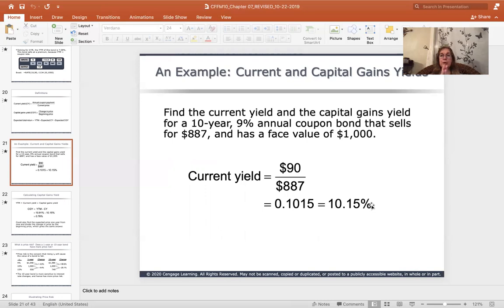For the capital gains yield, you can find the present value of the bond going back 9 years. We already went back 10 years. We could find the present value going back 9 years and then calculate the percentage change in the price to get the capital gains yield. But it's easier simply to take the difference between the yield to maturity and the current yield.